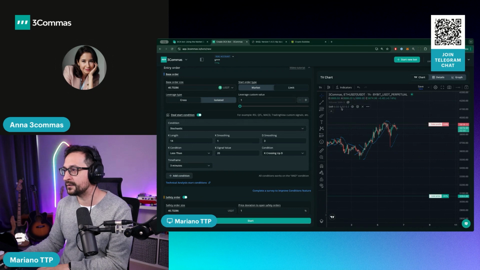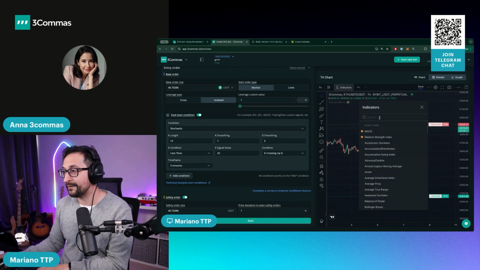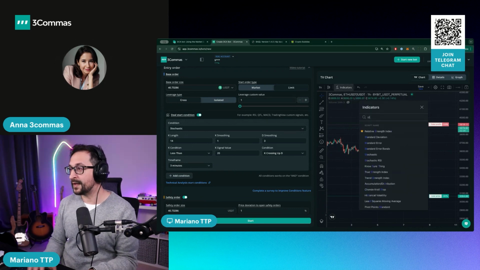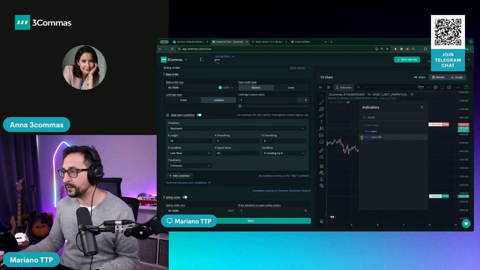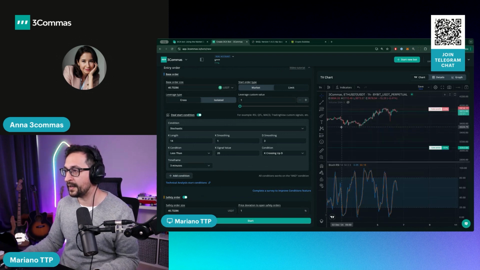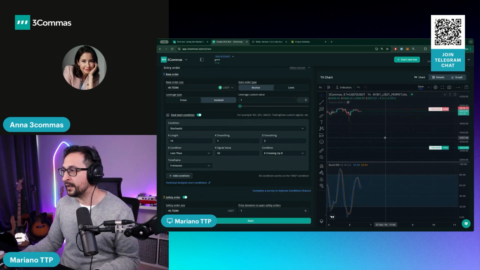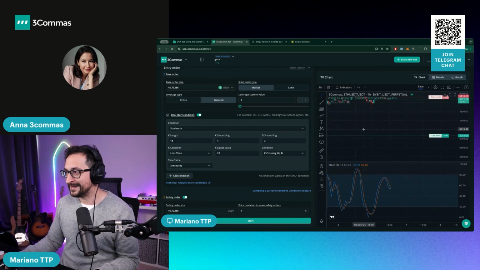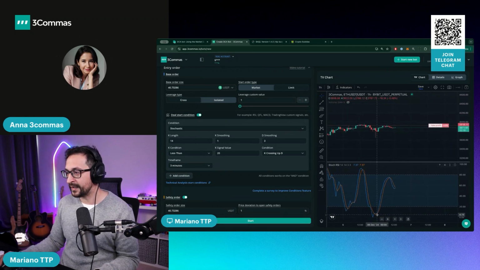So in the chart, if you want to visualize it, you just type down stochastic RSI. You can favorite it and then have it right there. And I noticed that yesterday I entered this trade thanks to the bot, for example. You can see in here that there is a bull cross.